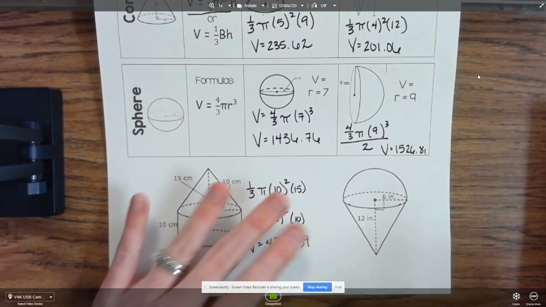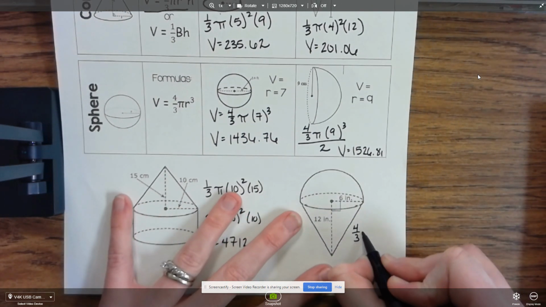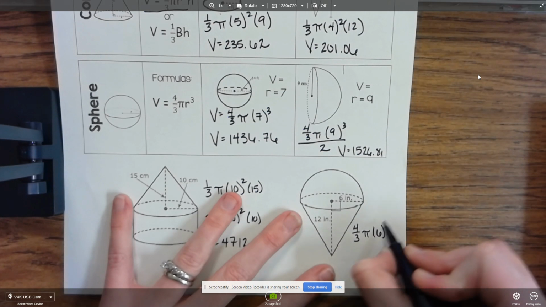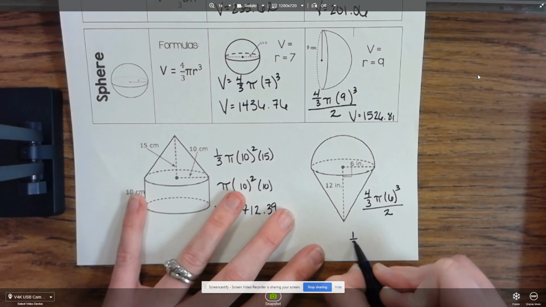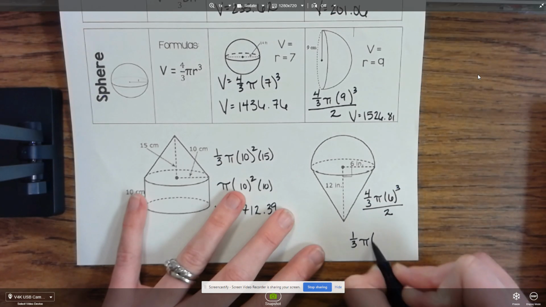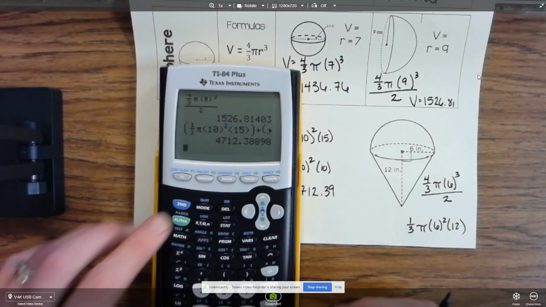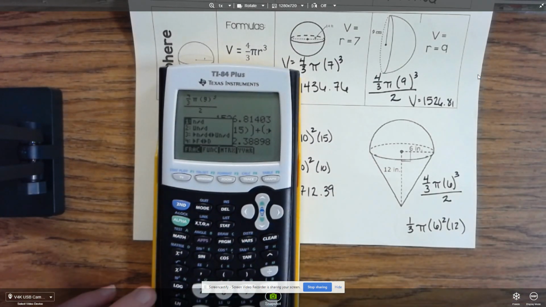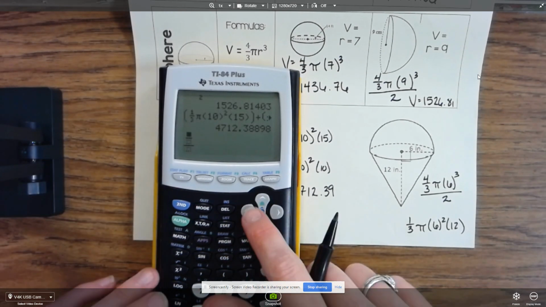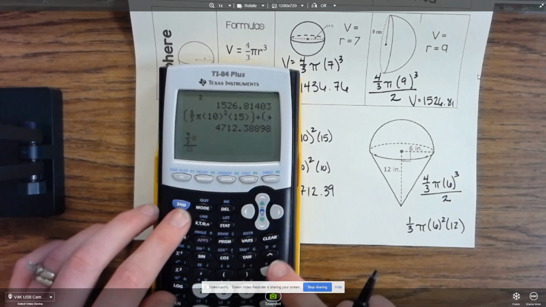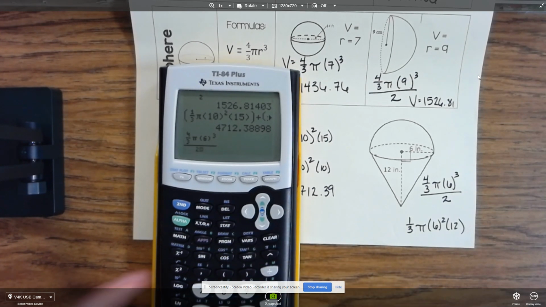4,712.39. All right, so for this one, I've got a hemisphere and a cone. So for the hemisphere, I do 4/3 pi radius cubed and divide the whole thing by 2. For the cone, I do 1/3 pi radius squared times the height. So if I do them separately, I would have 4/3 pi radius cubed divided by 2.